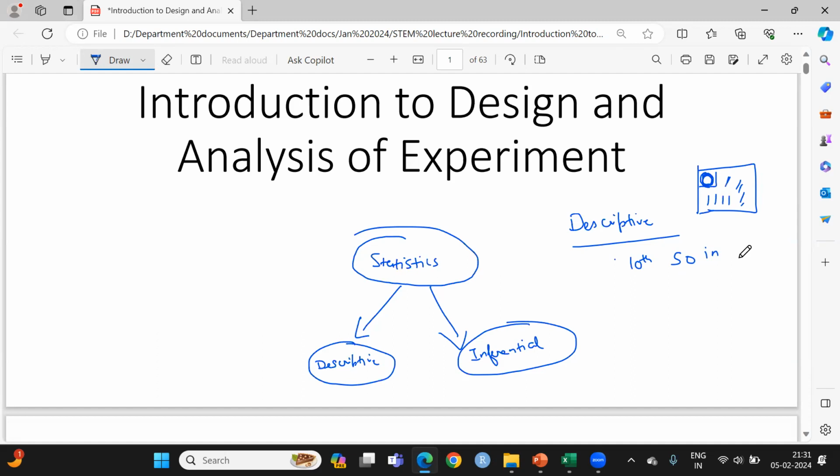So our main interest is only to observe the marks obtained by these 50 students of 10th class in a particular subject, and I want a single value that represents the marks of the students.